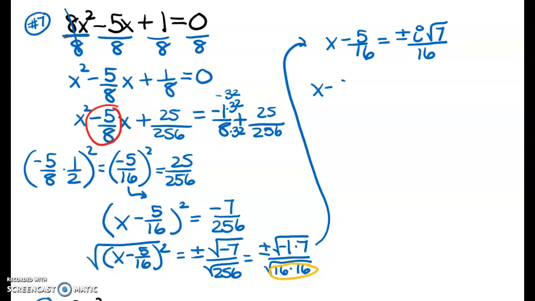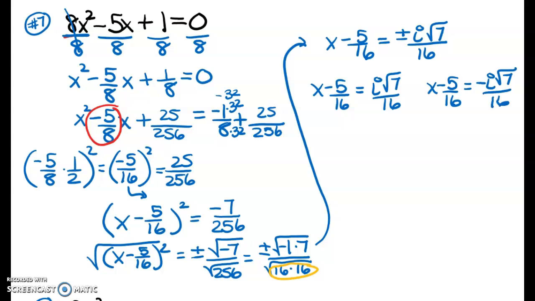So this is where I'm going to split it up into two equations. A positive i radical 7 over 16. And then for the other equation, it's going to equal the negative i radical 7 over 16. So I have to add 5/16 to both sides. I'm going to do it for both equations.